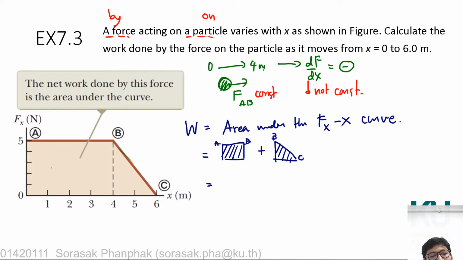The area of the rectangle is width times height. For the triangle, it is 1/2 times width times height. So let's substitute the values.